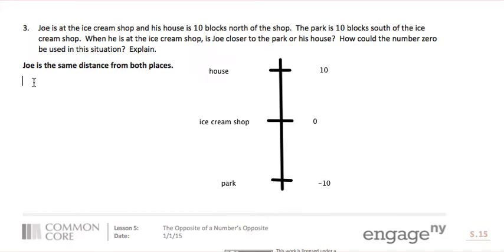And 0 in this situation we determined to be the ice cream shop, which we can see after we labeled is very convenient.